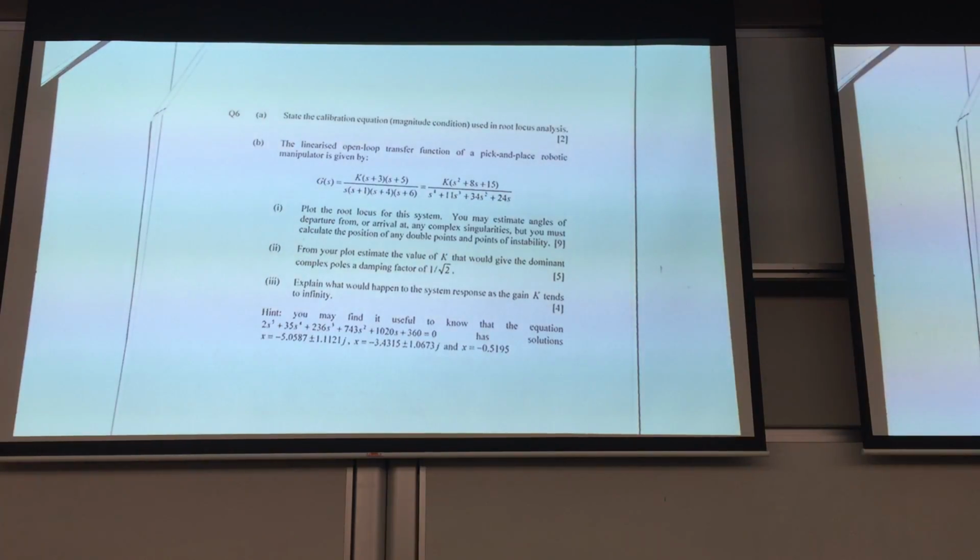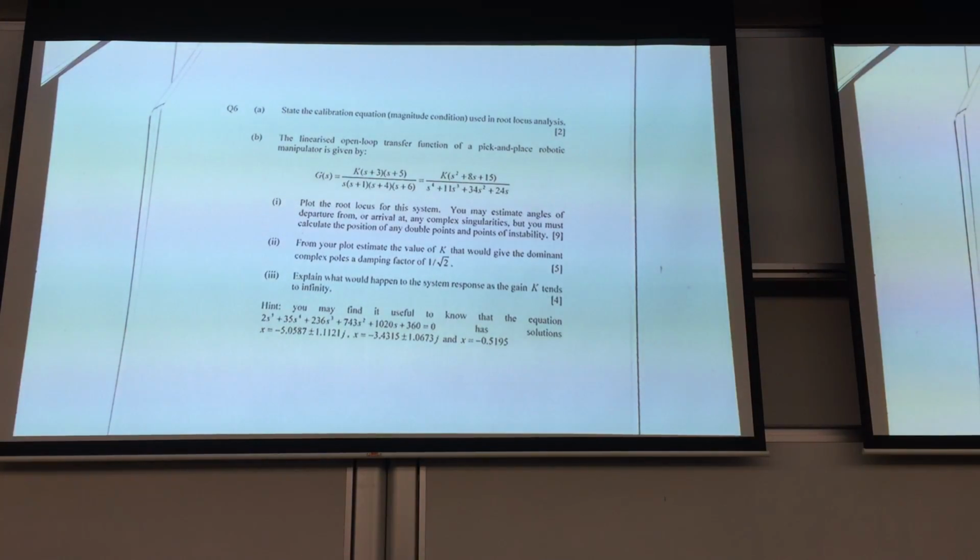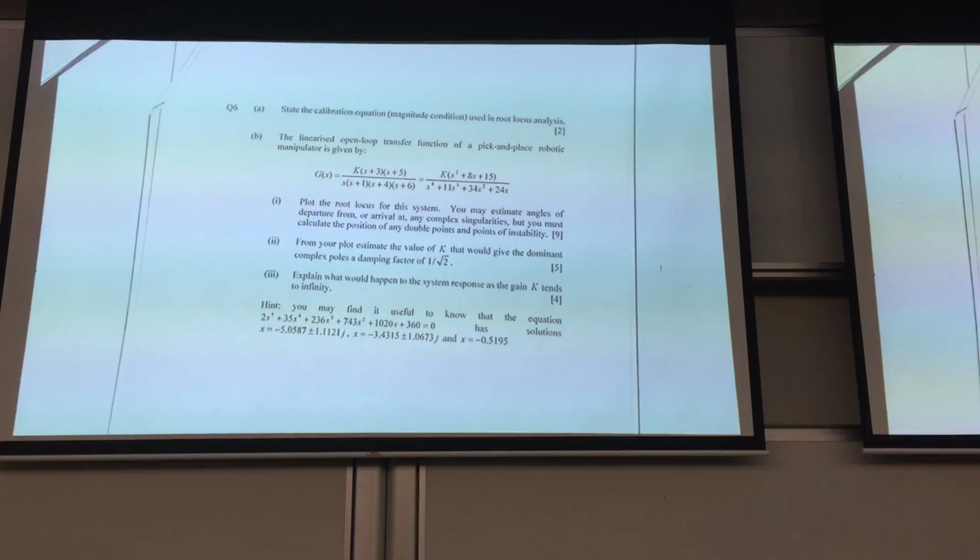In parts 2 and 3, from your plot, estimate the value of K that will give the dominant complex pole damping factor of 1 over root 2. So what is the angle of 1 over root 2? 1 over root 2 is root 2 divided by 2, 45 degrees. So again, you need your protractor.